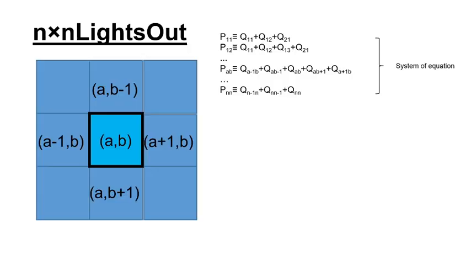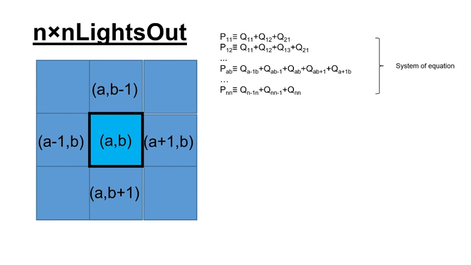In a similar way as 5x5, we designate each switch of Lights Out as SAB. A is the row, B is the column, A and B are 1 or more, and N or less, and the number of times of changing SAB as PAB, and the number of times of pushing SAB as QAB.